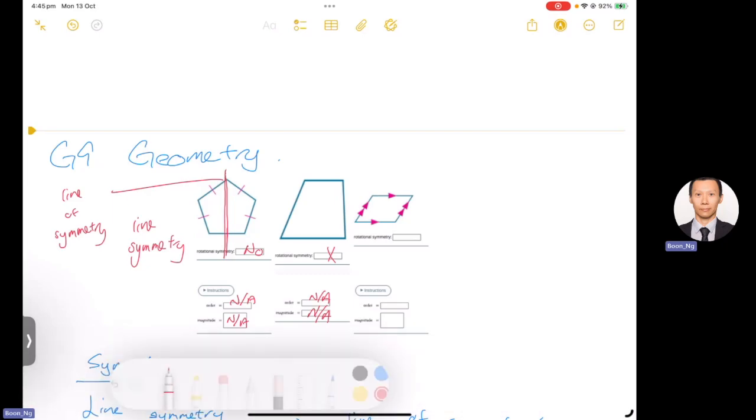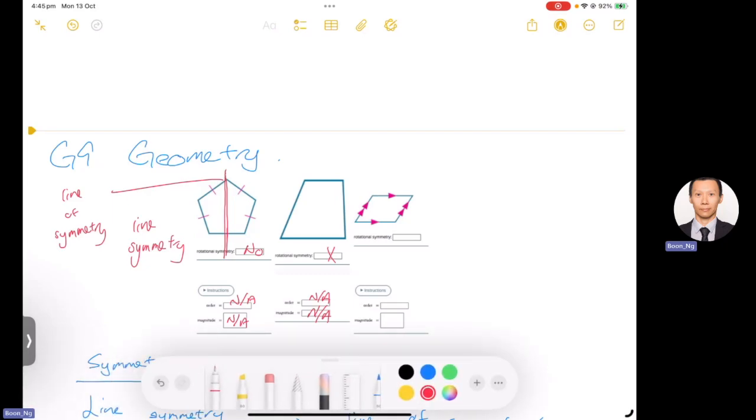Okay, for the third example, this is a special example, because when you draw a line here, this is the line of symmetry. On the other hand, it can also have rotational symmetry at this point, the point of symmetry.